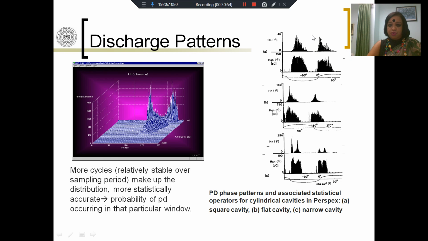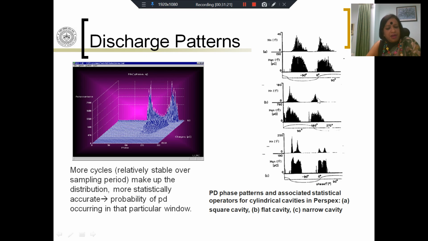The first two are for a square cavity, these two are for a flat cavity, and these two are for a narrow cavity. Narrow cavity means a long cavity, where the width is low and the length is more. At the top are the phi's, and these are the Q and N. As you can see, they are quite different even at a glance.